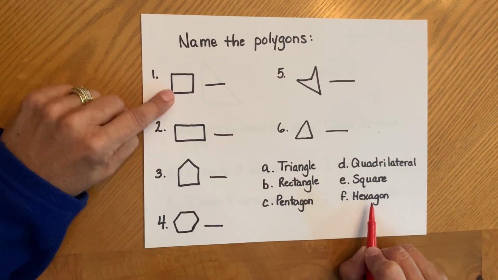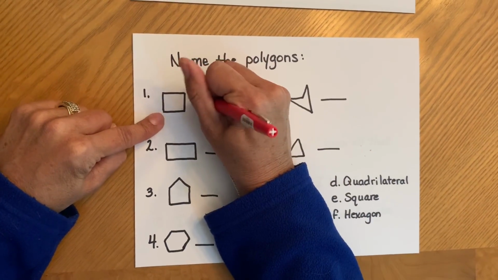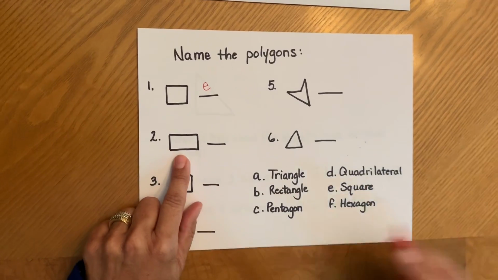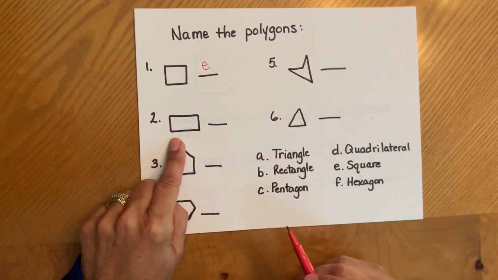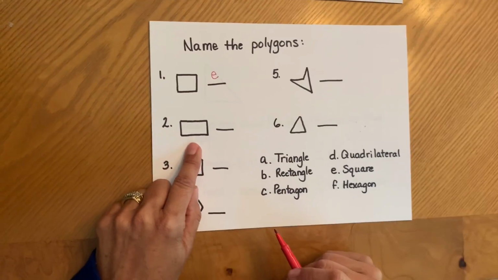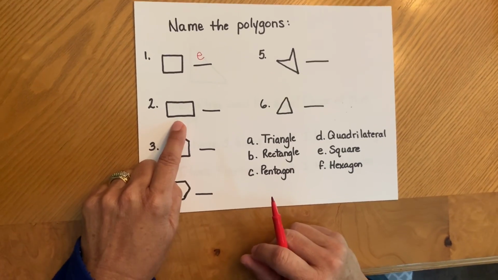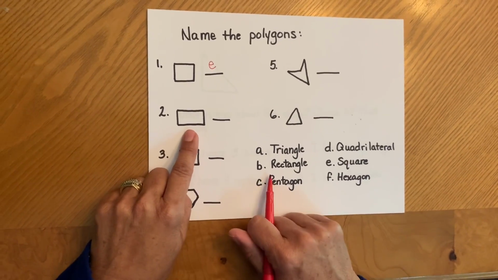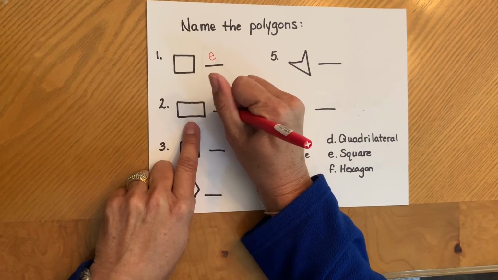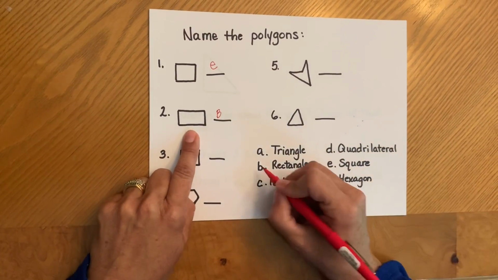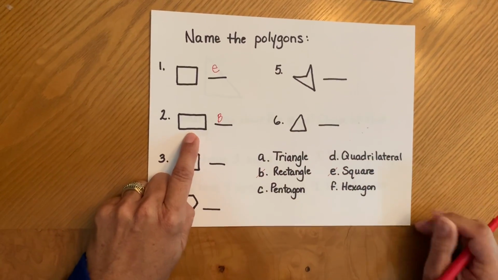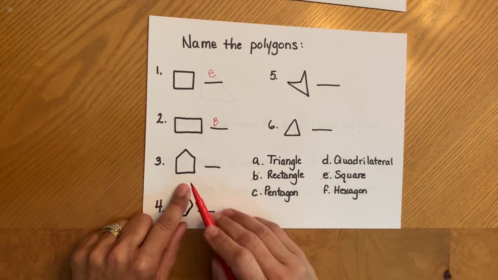And if you said square, you are correct. This one has opposite sides that are equal. That can't be a square. It could be a quadrilateral, and it could be a rectangle. So we're going to put B for rectangle right now, and then we'll come back and see if there's anything else.